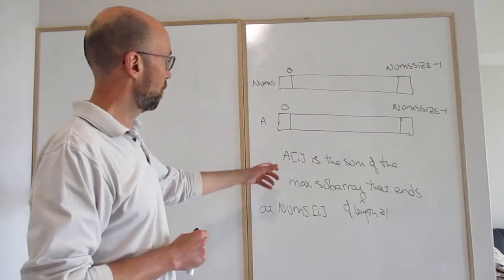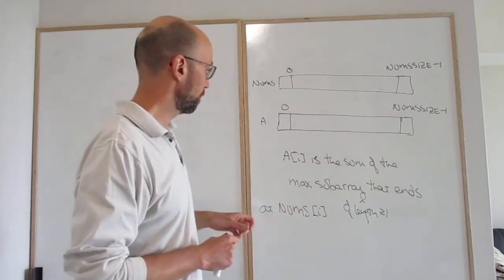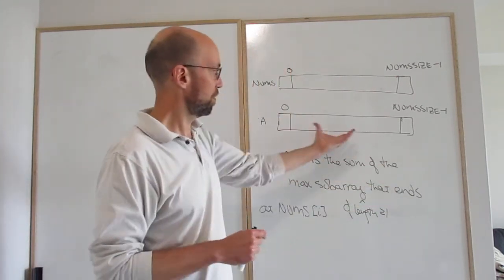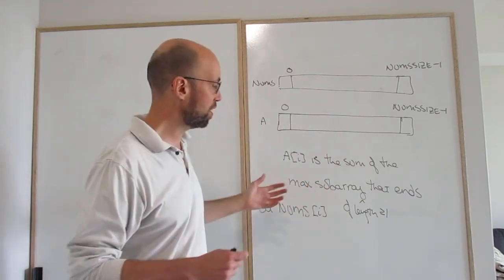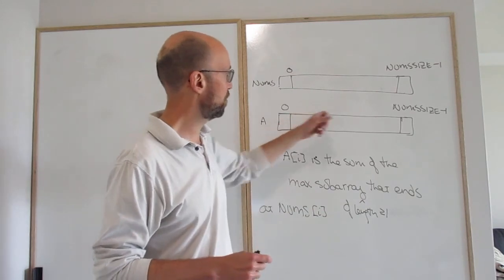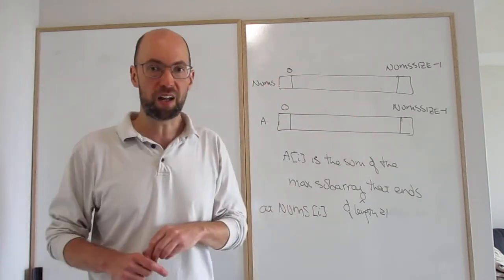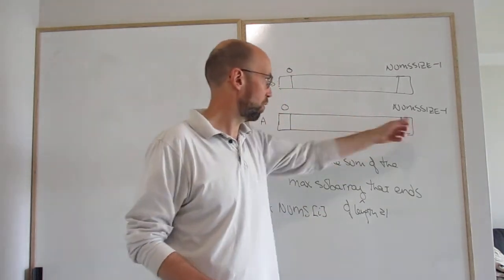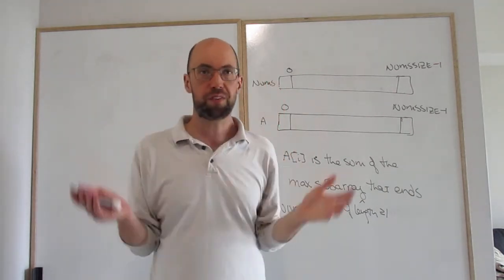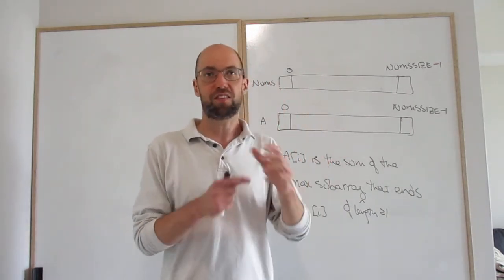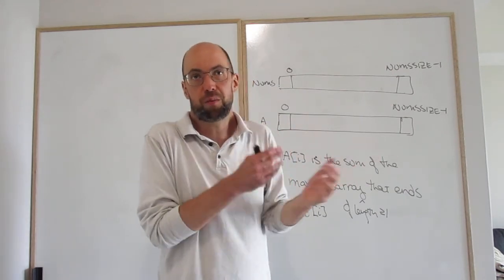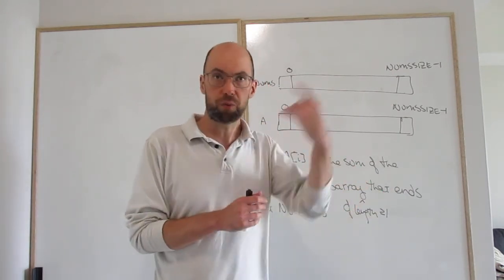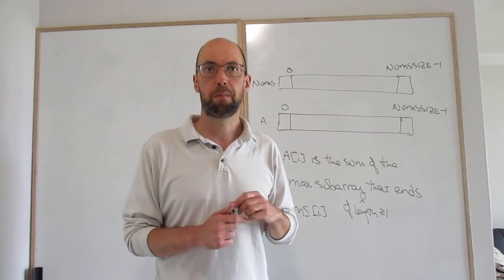So this means if there's a maximum sum subarray, it ends somewhere. So if we can fill this in from A[0] to A[num size minus 1], then we can just skim over this and look at what the maximum number is and say, okay, that's the maximum sum of any subarray that ends anywhere, so we return that number.